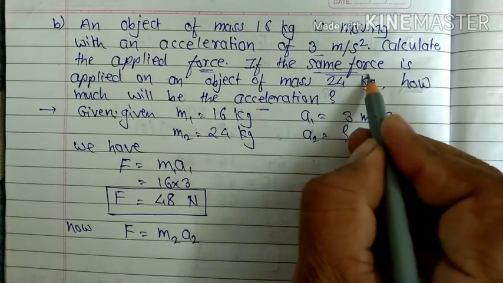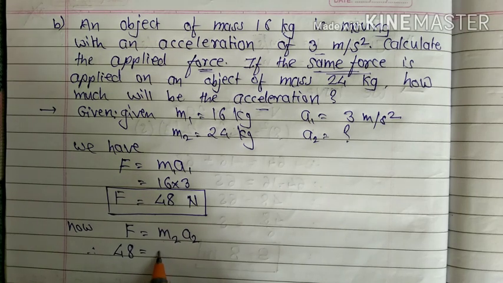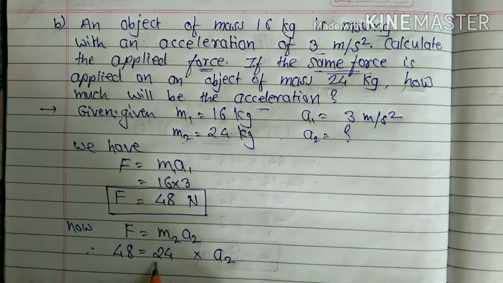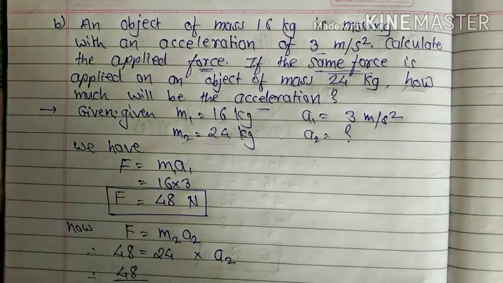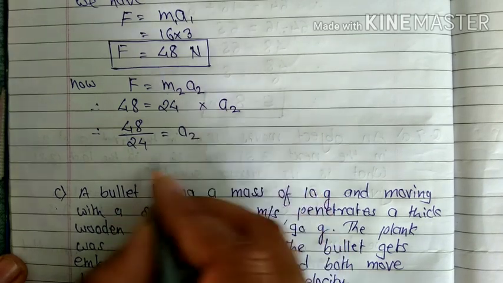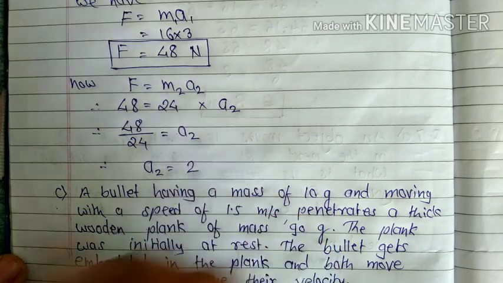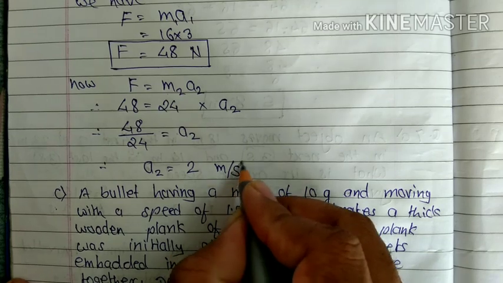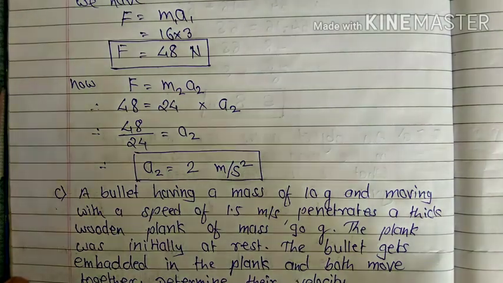If the same force is applied, so let us substitute the values. 48 is equal to 24 into a2, 24 kg. 24 यहाँ पे जाके डिवाइड होगा, therefore 48 upon 24 is equal to a2. 24 2s are 48, therefore a2 is equal to 2, and a, that means acceleration, unit is meter per second square.